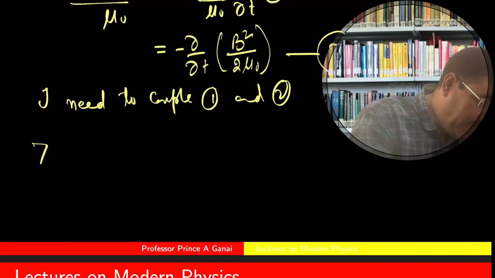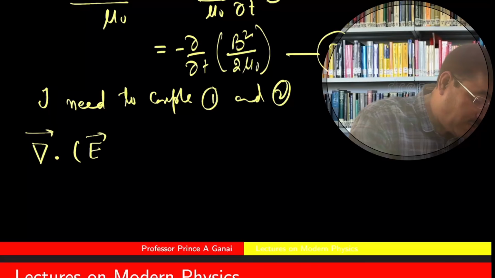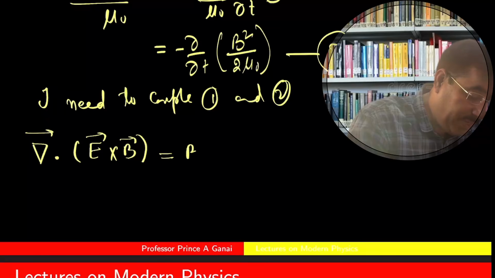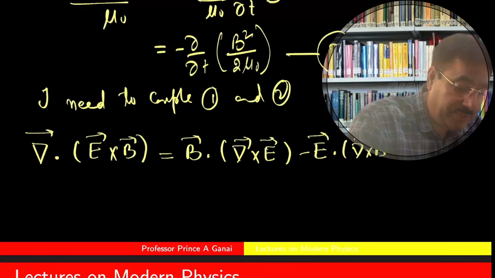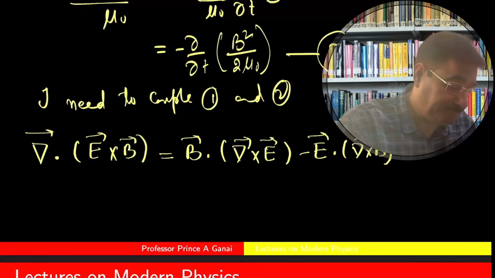So I will take this vector identity: del dot E cross B is equal to B dot del cross E minus E dot del cross B, right?